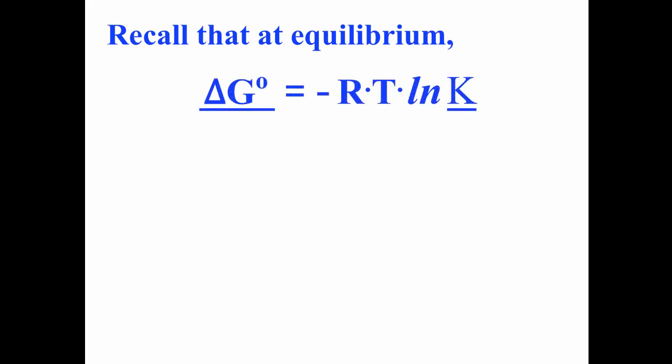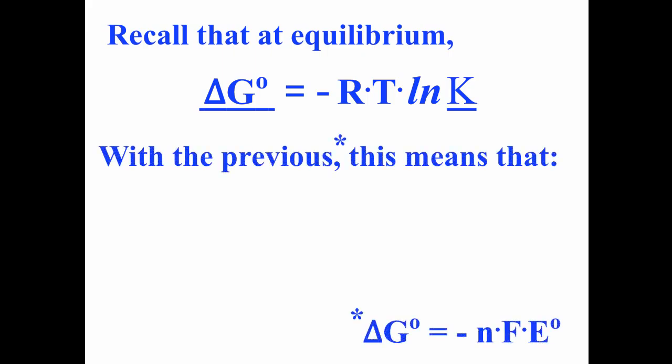And now back to some equation stuff. Remember that at equilibrium, we've seen a relationship between delta G0 and K. Delta G0 is equal to negative RT natural log of K. We've seen this in the thermochemistry chapter fairly recently. And then remember that we now have found that delta G0 is equal to negative NFE0.